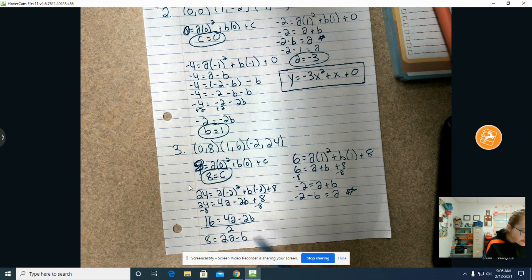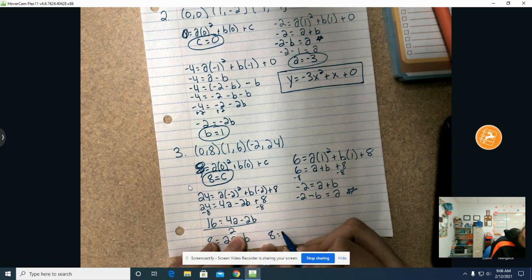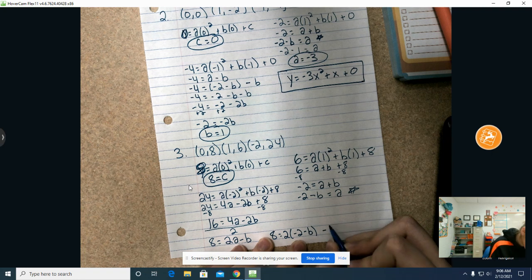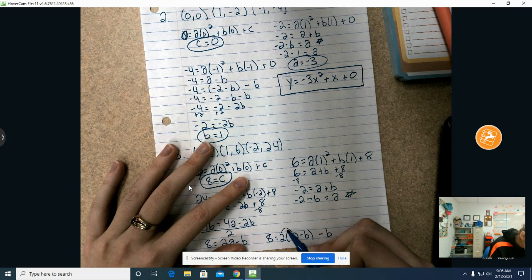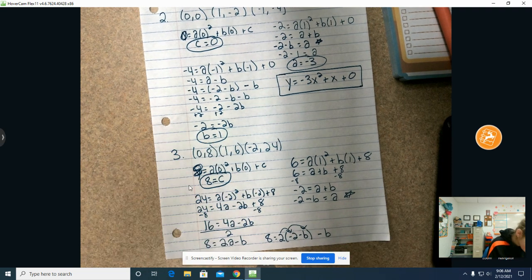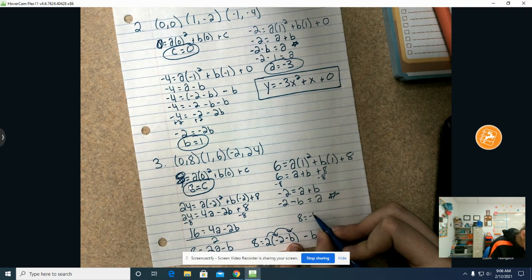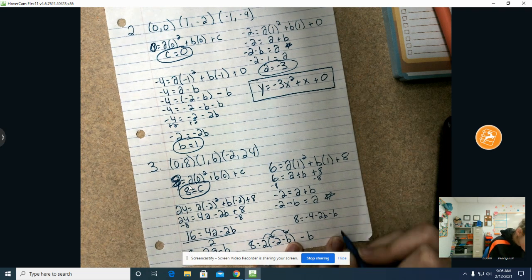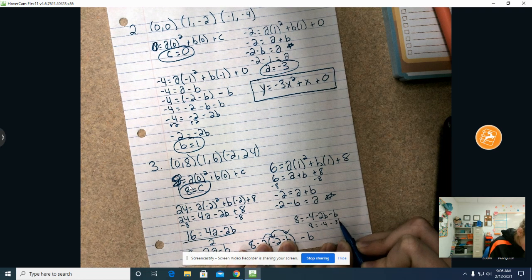So I can't really go any further, but I do know what a equals. So I'm going to have 8 equals 2 times -2 minus b, minus b. So I'm running out of room here, but I'll do my best. So we're going to have to distribute, and that will give me 8 equals -4 minus 2b minus b. So 8 equals -4 minus 3b.